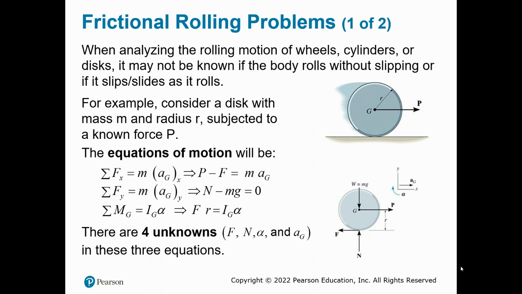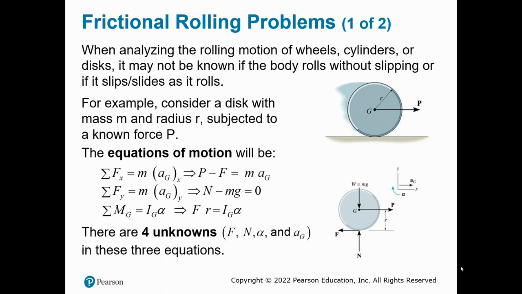So, equations of motion here: when analyzing the rolling motion of wheels, cylinders, or discs, it may be known if the body rolls without slipping or if it slips or slides as it rolls. For example, consider the disc with mass m and radius r subject to the known force P. Horizontally you have P pulling minus F equals m a_Gx, and vertically you have the normal force going up, weight coming down, equal to zero.